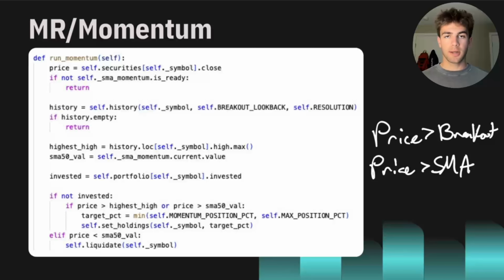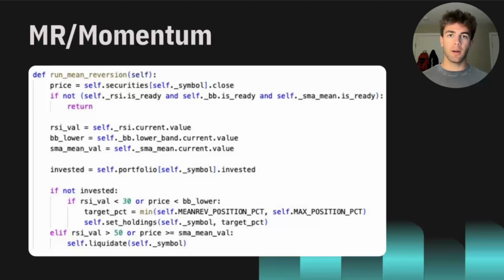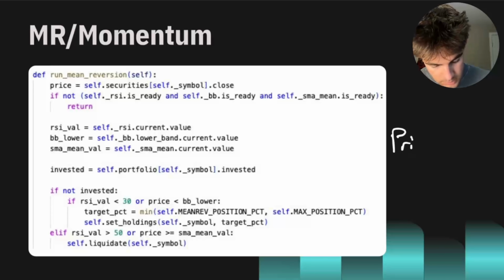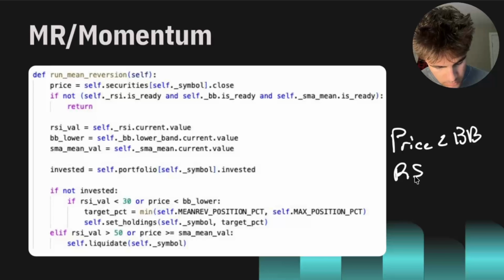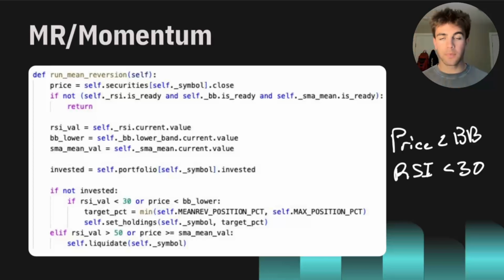Here we have the mean reversion part of the strategy, and this is for a bear market regime. This follows very similar principles to the momentum one, just with different variables. So here, if price is below the lower Bollinger Band, or RSI is below 30, then those are the conditions for entry into a position if either of them are met.